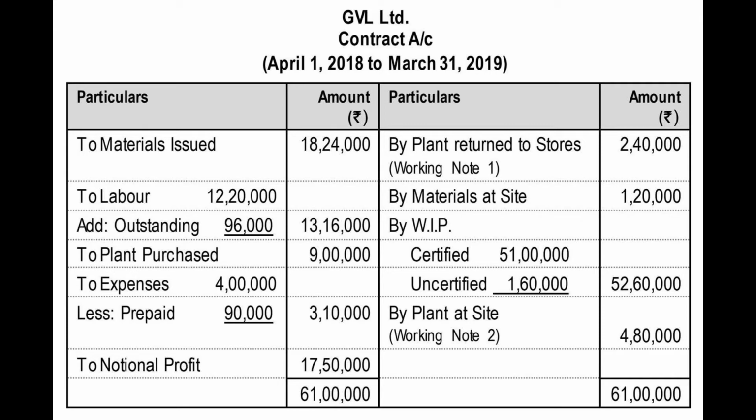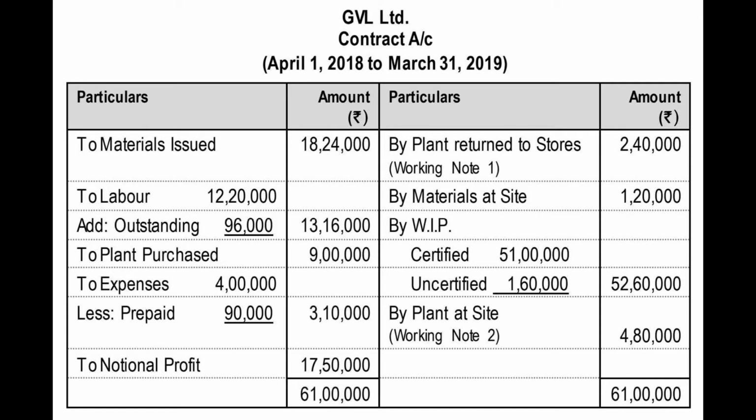Next information given in the problem is material at site. How much? 1,20,000. So go to credit side. Under particulars, write by material at site rupees 1,20,000. Then next information is work in progress. Work in progress may be work certified or work uncertified.